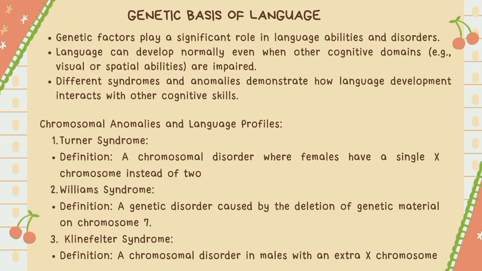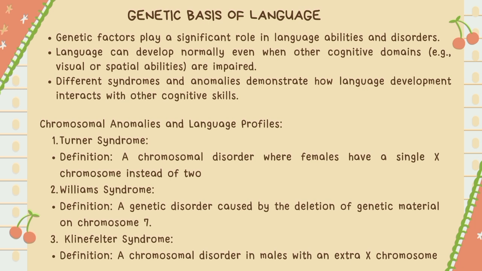Lastly, we have the genetic basis of language. This means that genetics holds a vital role or is a specific factor underlying language abilities and disorders. Meaning, genetics is a key indicator to know language abilities and disorders. Also, language can develop normally even when other cognitive domains are impaired.